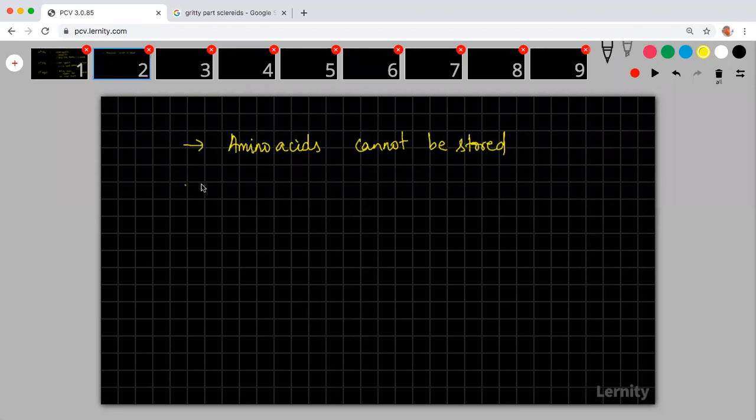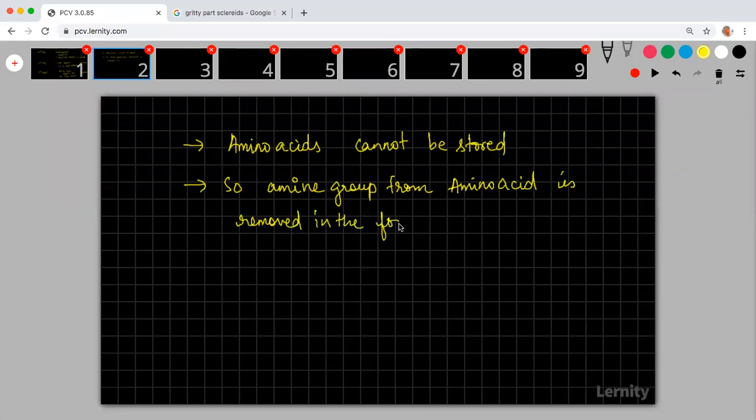Okay, so amine group from amino acid is removed in the form of ammonia by liver. Ammonia is toxic.